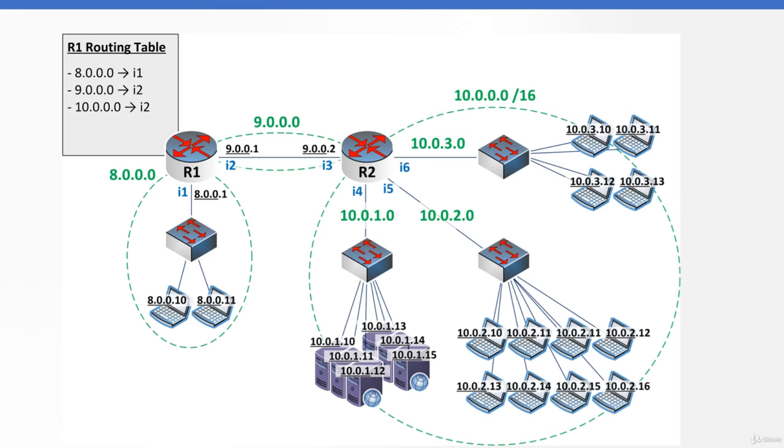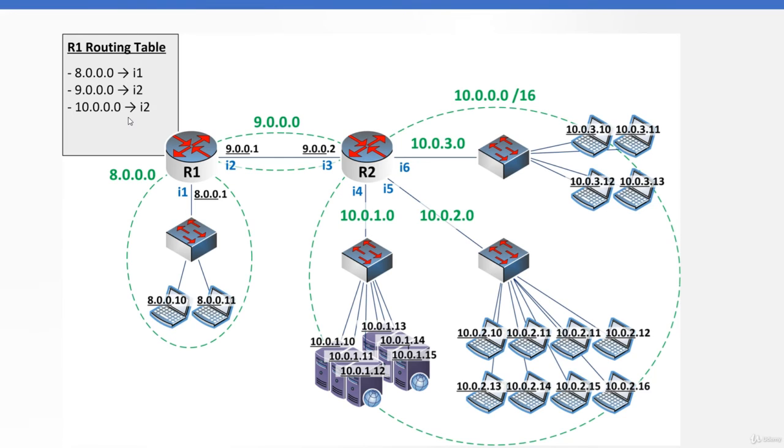This is basically called a summary IP address, but we'll talk about that later, I promise. For now, what happens here is this router receives a packet with destination address 10.0.something. The last 2 octets could be anything, so it doesn't have to go through 3 routes.